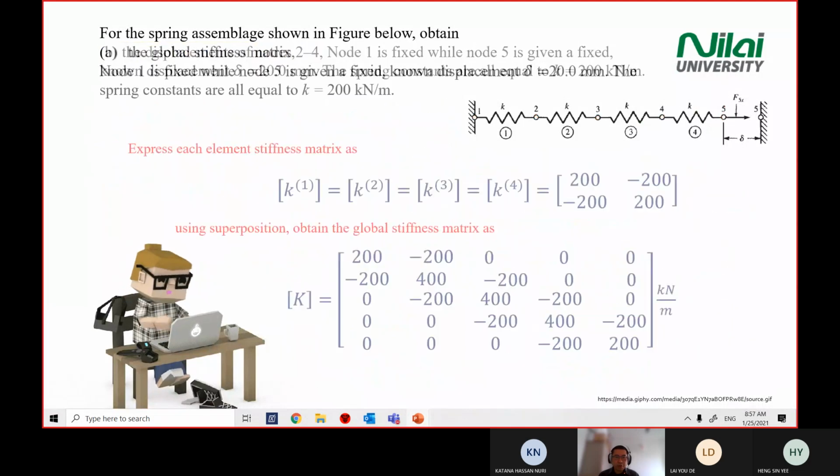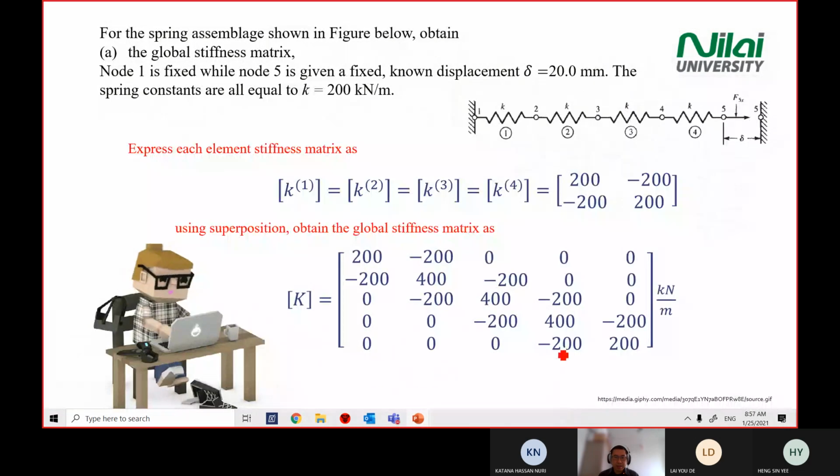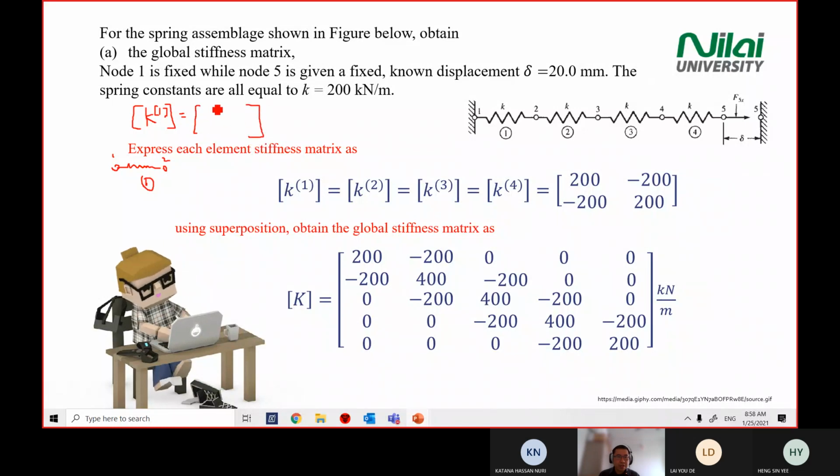I think most of you are confused about how to get these stiffness matrices here. So again, if you write your K1 matrix for element 1, element 1 is referring to point 1 and point 2. So your stiffness matrix is U1, U2, U1, U2.